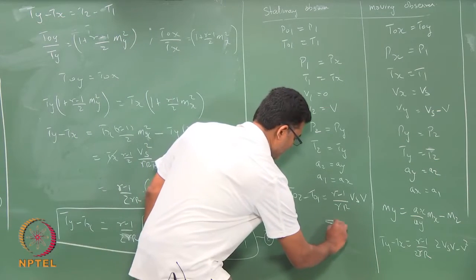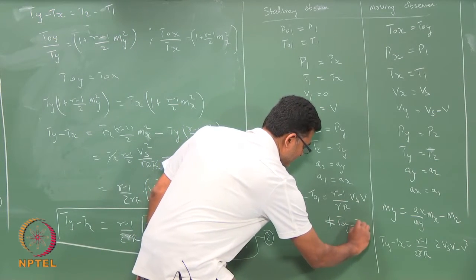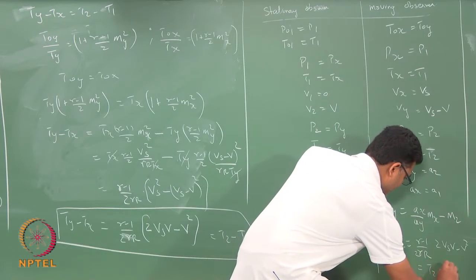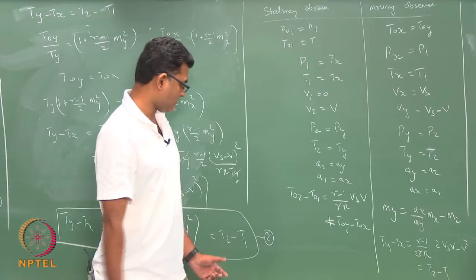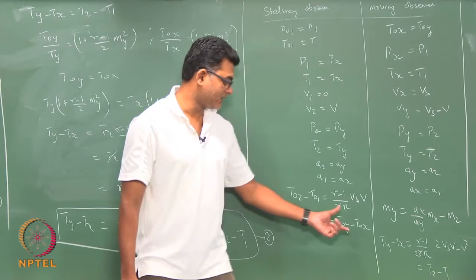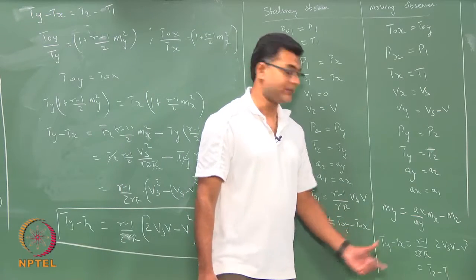Which again is not equal to T0y minus T0x. So, this is equal to T2 minus T1. Okay, so, this difference in stagnation temperature is not the same, but difference in static temperature is the same.